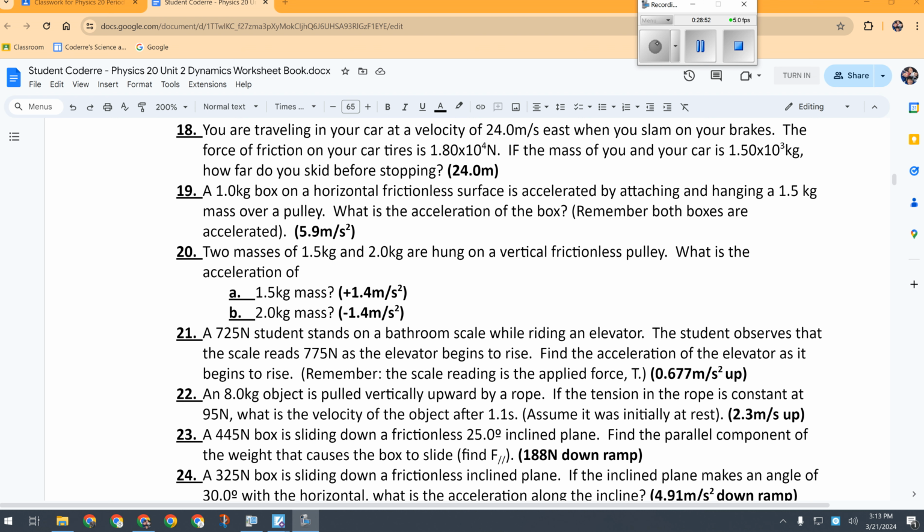They tell you somebody is this many newtons. That's their force of gravity, their weight. So that's m times g, and you could find their mass pretty easily by dividing that by 9.81. But lots of times a question will say this box or this person is this many newtons. They're telling you the weight, not the mass. It's just something to watch for because people sometimes misapply it. Okay, 20 and 21, of course.